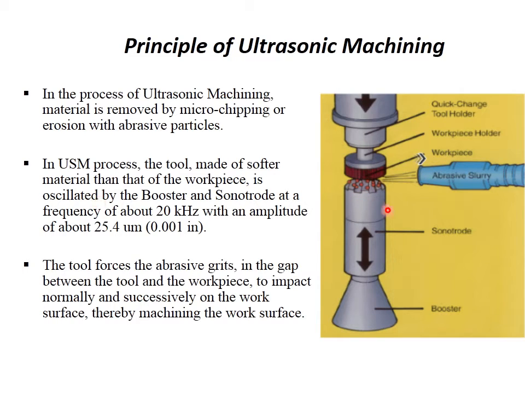The role of the tool here is to apply high frequency, high amplitude translatory motion to the abrasive slurry, and finally the abrasive slurry will embed into the workpiece or maybe into the tool itself. Here the tool is not actually making physical contact with the workpiece, so there is no need for a harder tool. That is why the tool is made of a soft material, from an economic point of view.